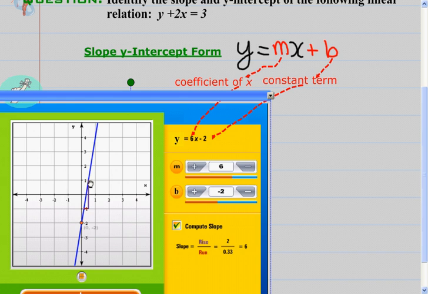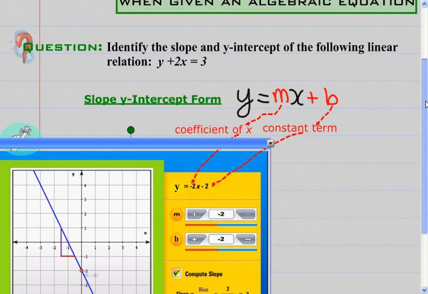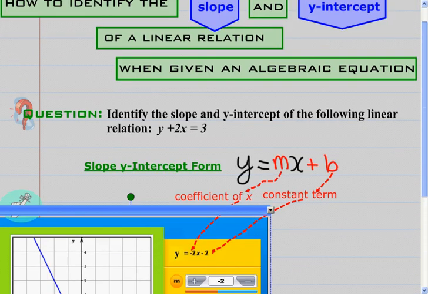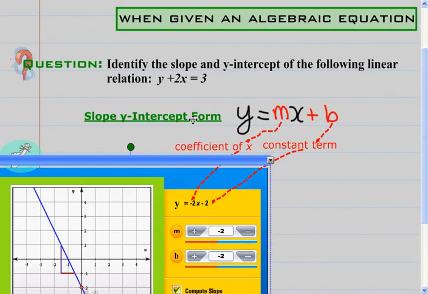Looking at the graph, the rate triangle shows rise is 2, run is 0.33. The slope is 6. We can identify the slope being 6 by taking a look at the equation. Okay, and the slope as well can also be negative, -2. So that's the easiest way of identifying the slope and y-intercept given an algebraic equation, by rewriting the equation in slope y-intercept form.